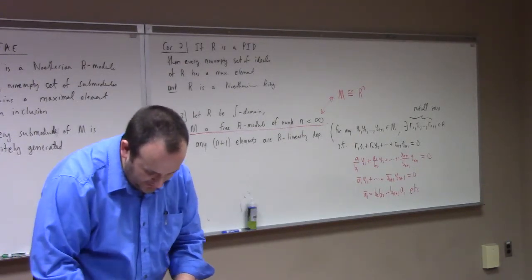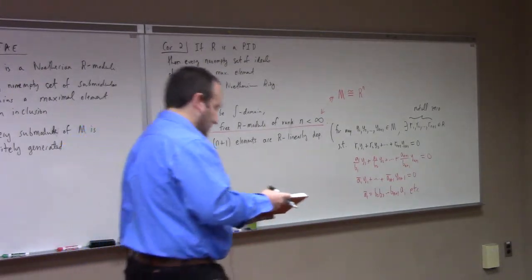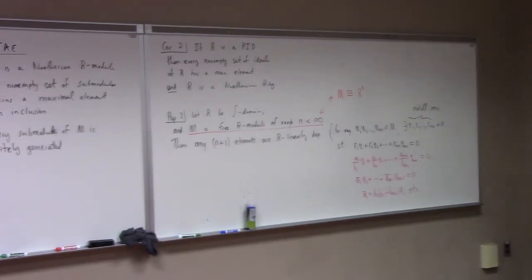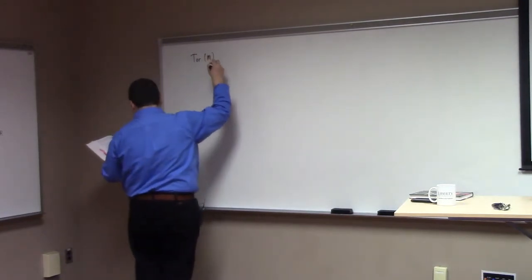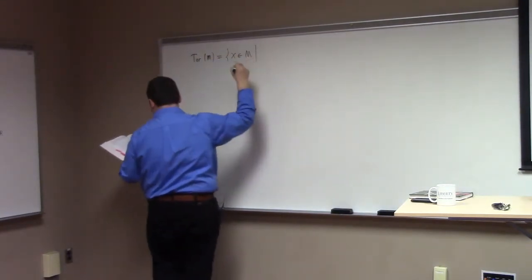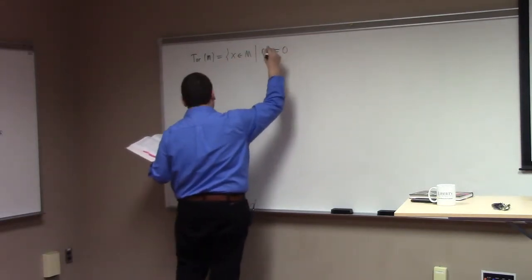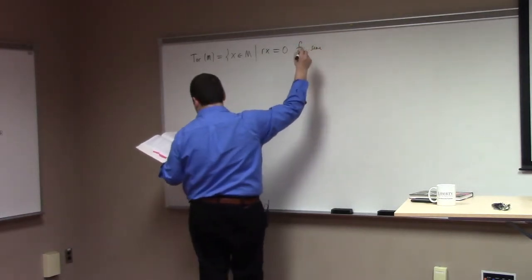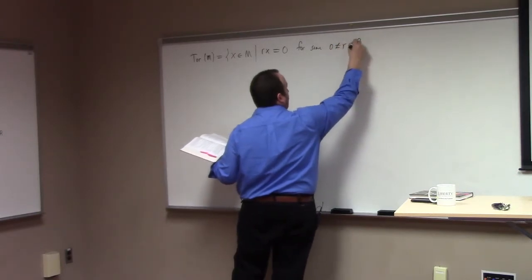Woohoo! Next up, we define the torsion. What's the torsion of M? Tor M is x in M such that Rx equals 0 for some 0 not equal to R in the ring.